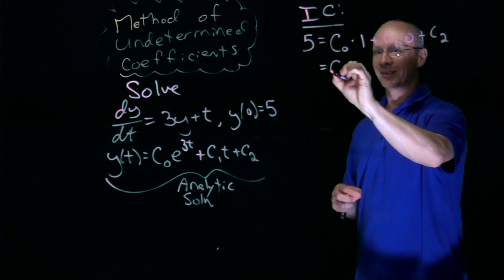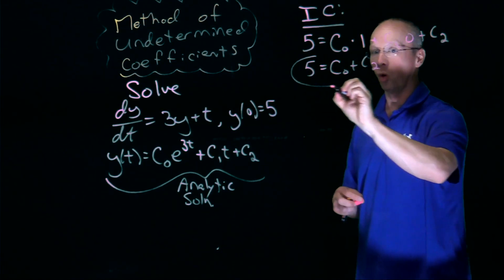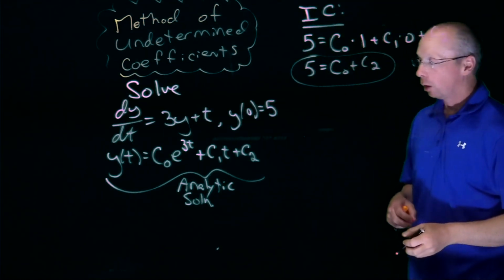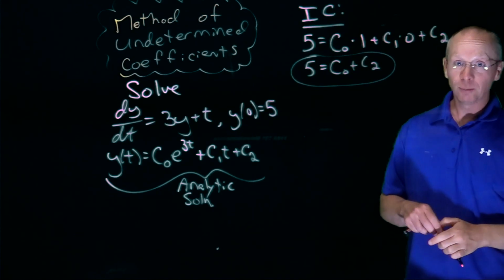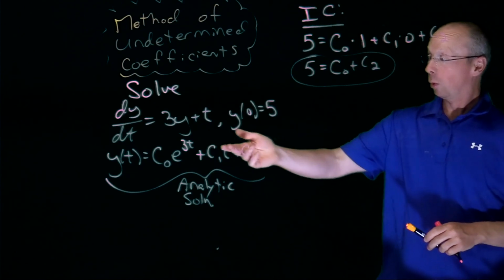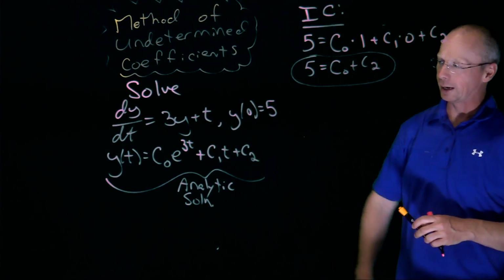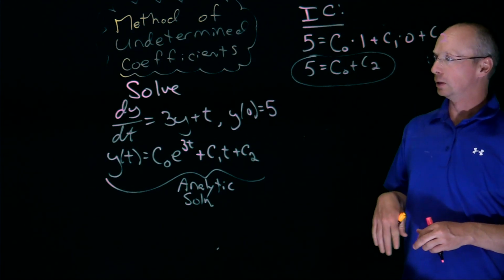Well, that tells me that c0 plus c2 is equal to 5. So there's one equation that I have. Now, undetermined coefficients, the name says I've got coefficients that are undetermined. Well, I've got an equation that at least relates two of those three now. Let's see what else we can do.